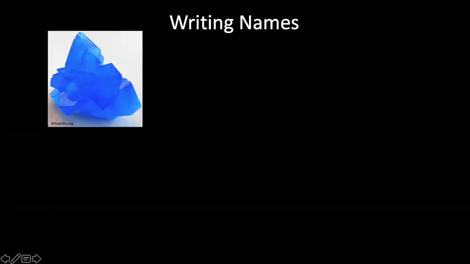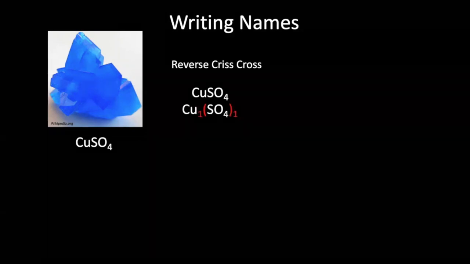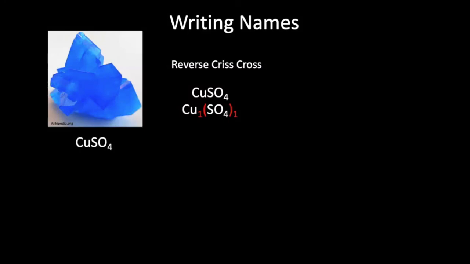Next, we have the example of CuSO4. So let's try the reverse crisscross method. We have CuSO4. The problem is when we look at this example, it doesn't look like there's a subscript for the Cu, and it looks like the subscript for the SO is 4. However, we have to remember that if there is no subscript in the example of the Cu, we assume that it's 1.